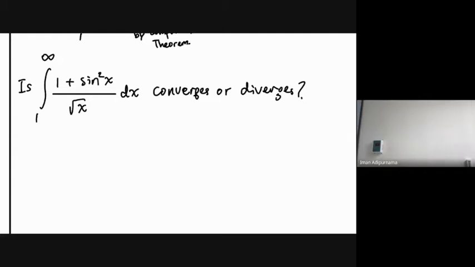Okay, now see this question. You have the integral from 1 to infinity of 1 plus sine squared over the square root of x. Okay. Now we can observe.